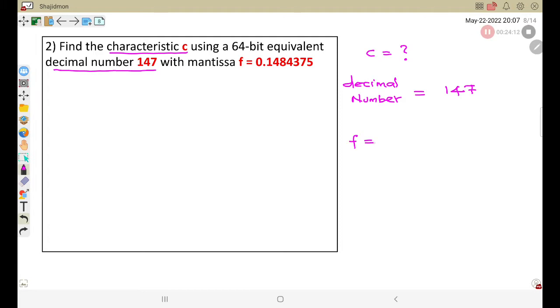What is f here? 0.1484375. Okay, what will be the characteristic part? That is the question here.